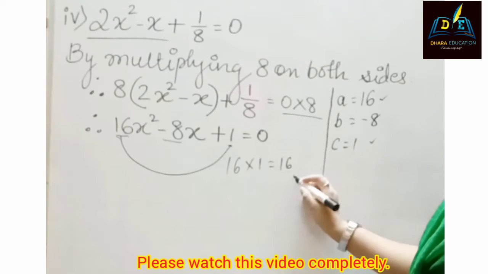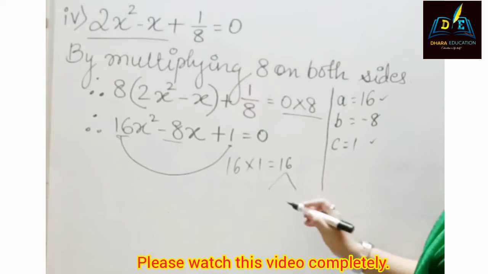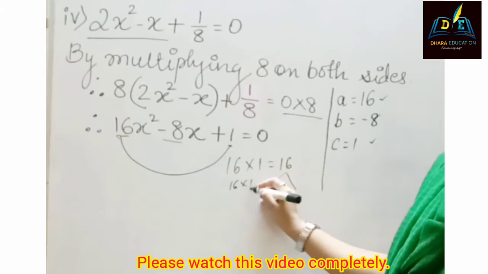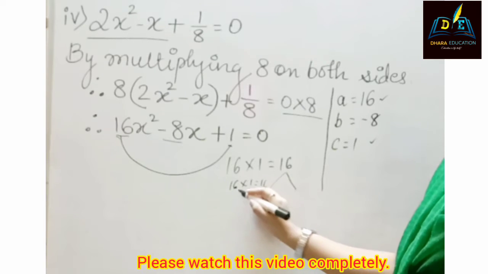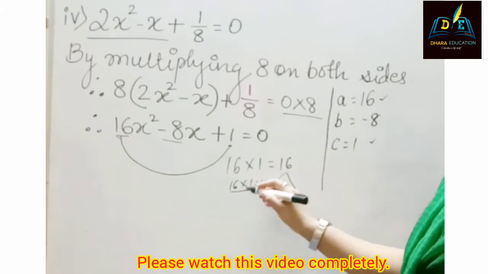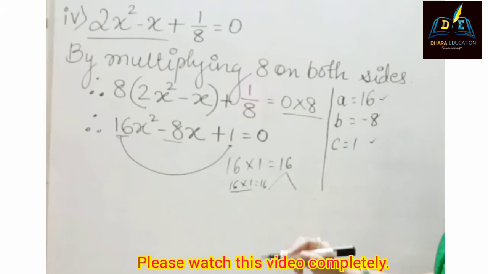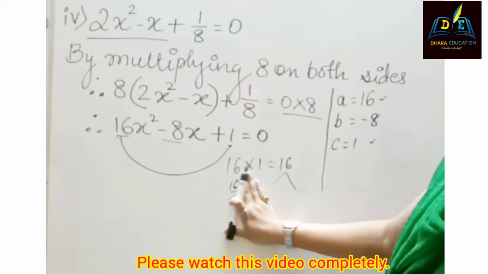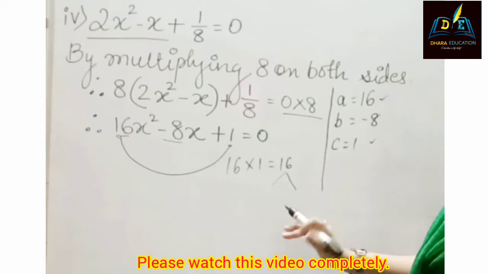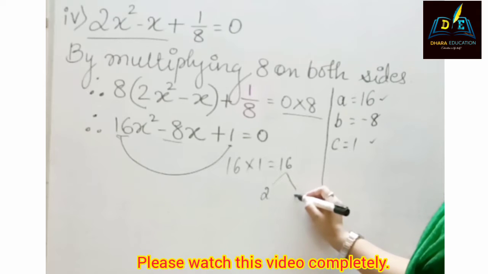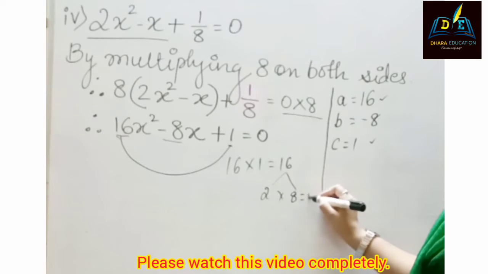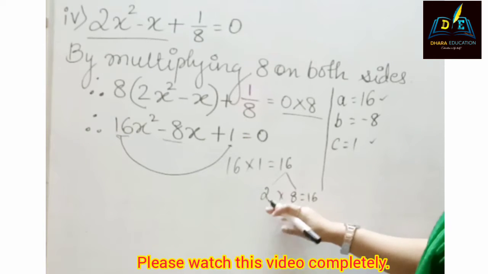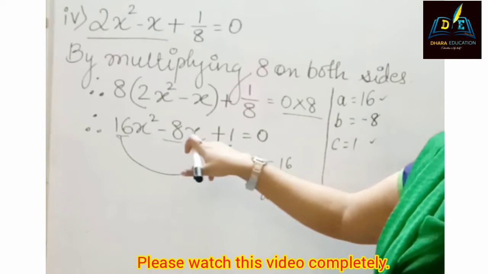Correct? So now the factors or the possibilities for making 16 is 16 multiplied by 1 gives you 16. So by adding or subtracting, we will never get minus 8. So what we need to do? This possibility is wrong. So what is the another possibility which we can write is 2 8s are 16. Correct? 2 8s are 16. But here also by adding or by subtracting, you will never get minus 8.